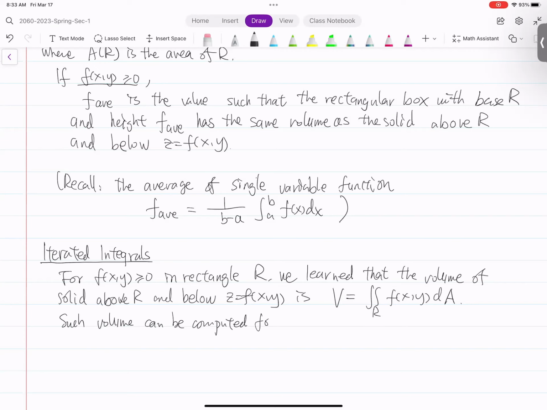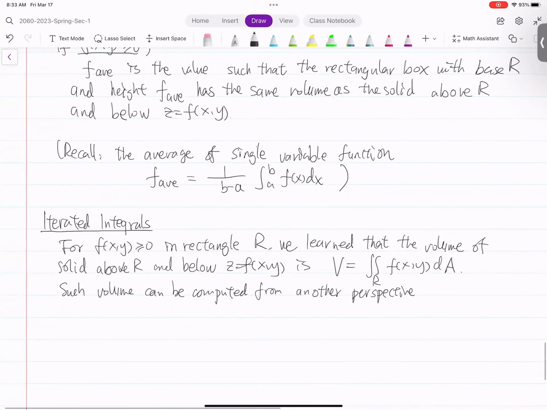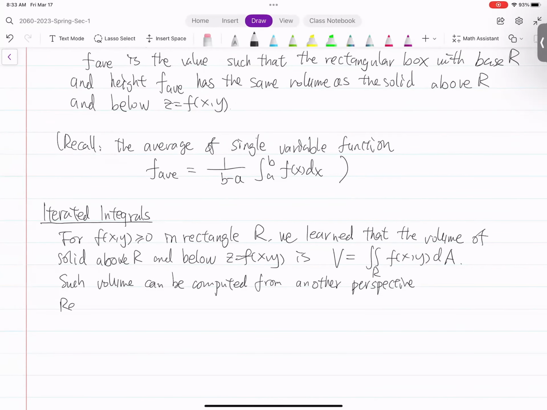from another perspective. Recall chapter 6, volume by slicing.